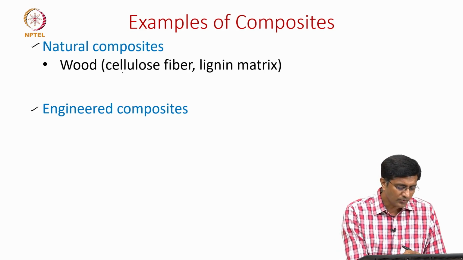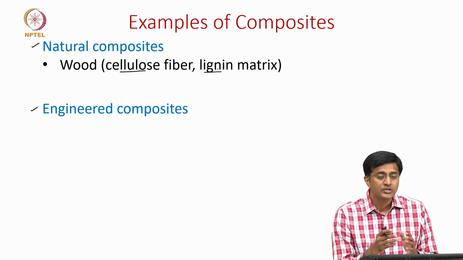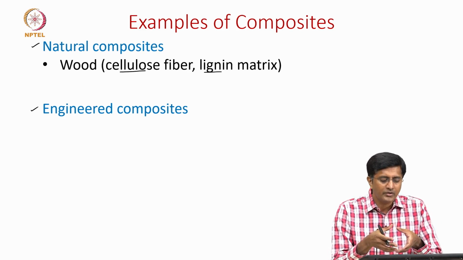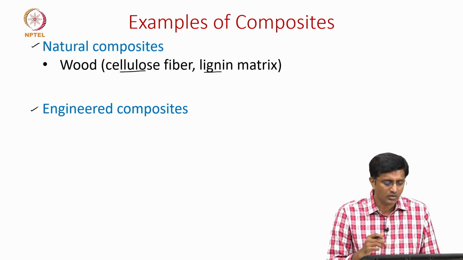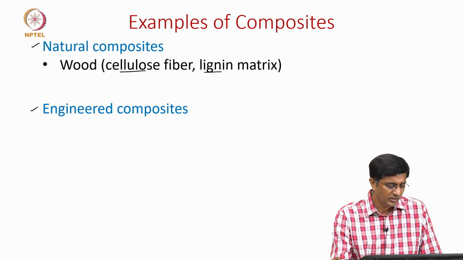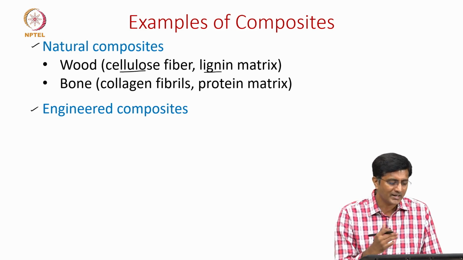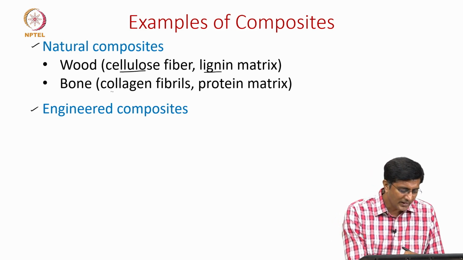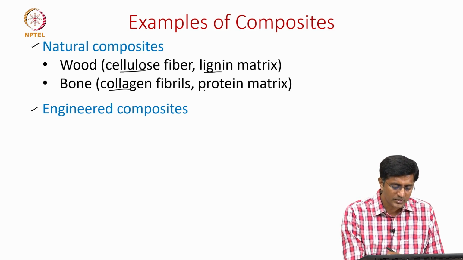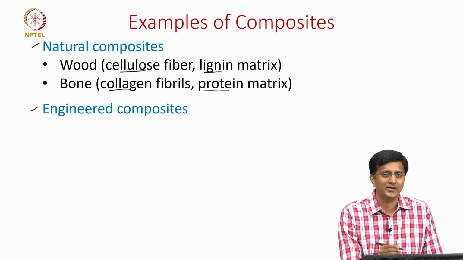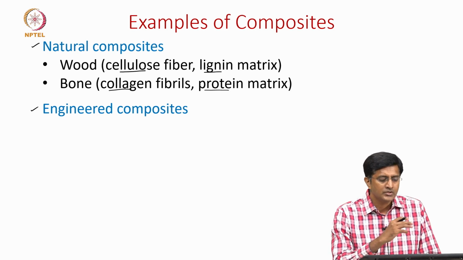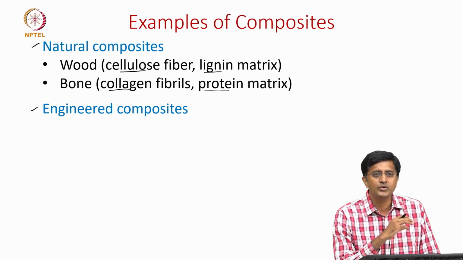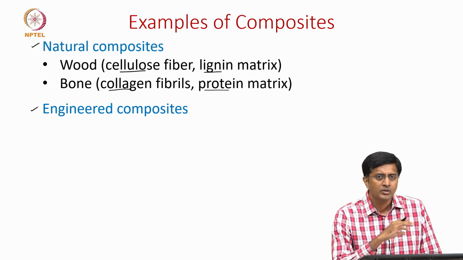It is composed of cellulose fibers and a lignin matrix, meaning cellulose fibers are bonded together using this matrix material called lignin. Similarly, bone is one more natural composite where collagen fibrils are bonded using a protein matrix. So, natural composites, we have been using them for various purposes, sometimes for structural purposes as well.